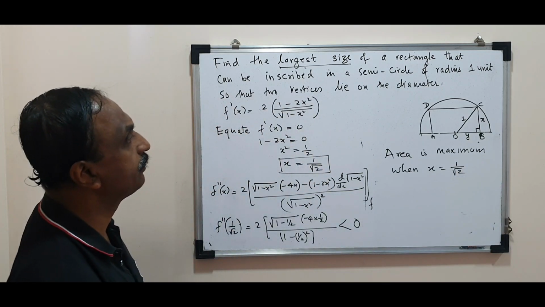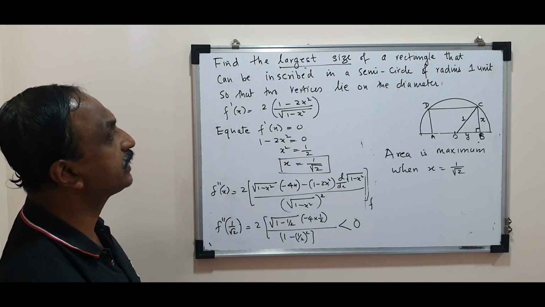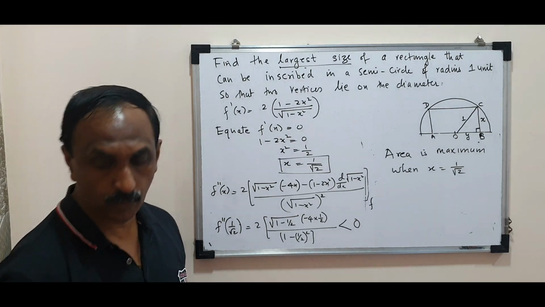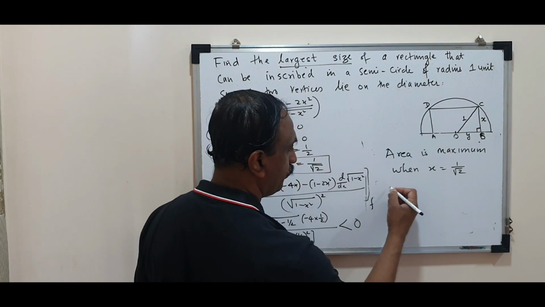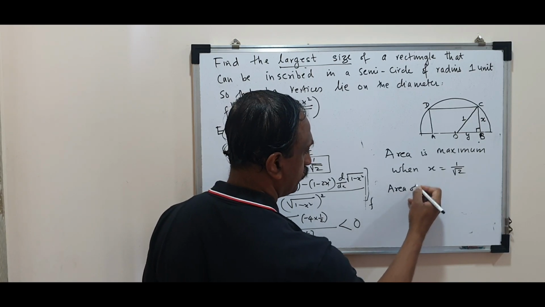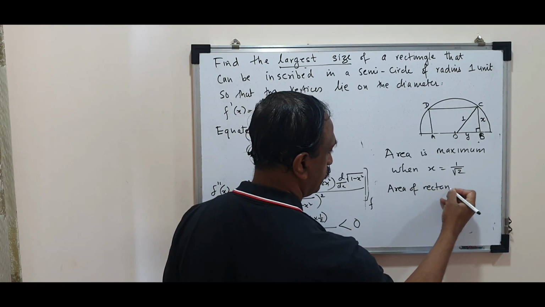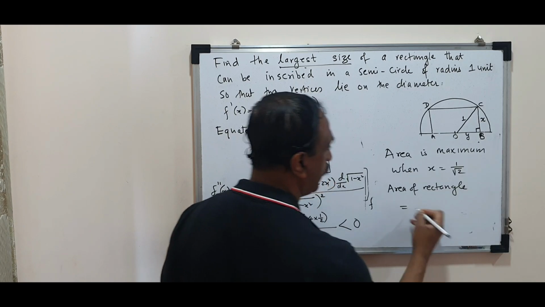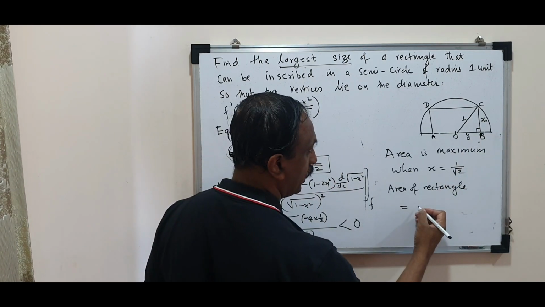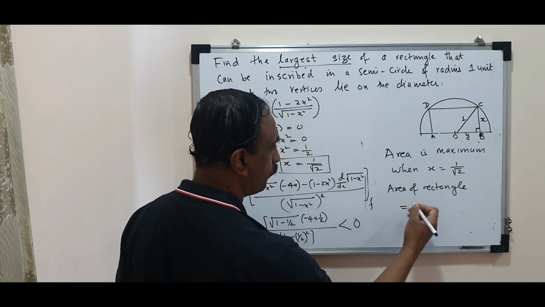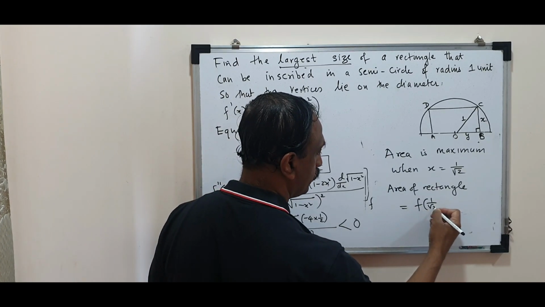So what was our question? We want to find the largest size of the rectangle. So we have to find out what is the area of the rectangle. So area of the rectangle will be this 1 by root 2. So area is length into breadth, so f of 1 by root 2.